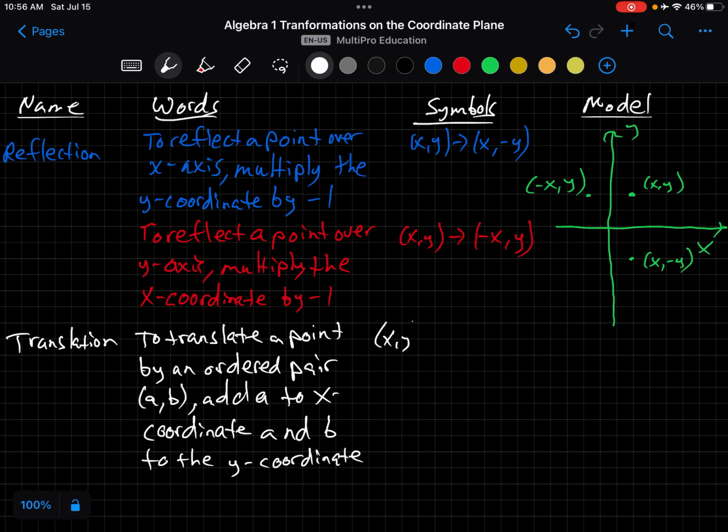Okay, so let's see how this looks. So we have X comma Y, and that becomes X plus A, Y plus B.